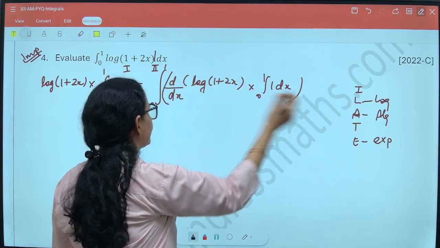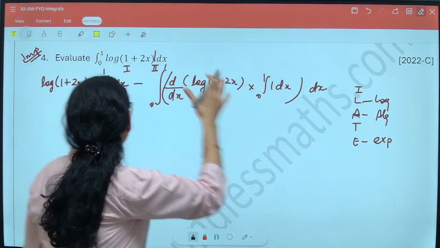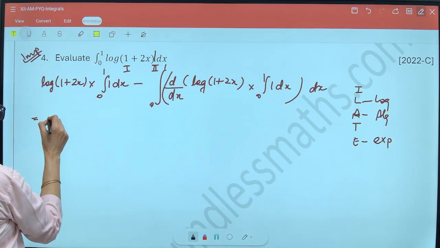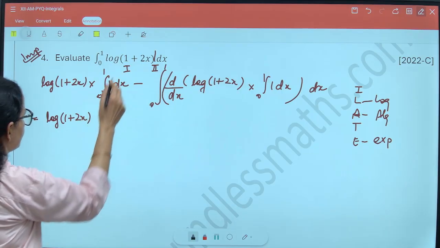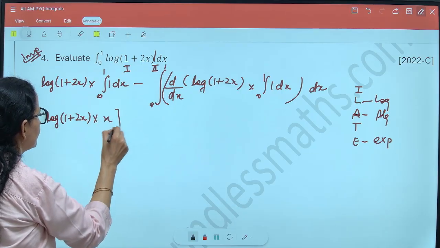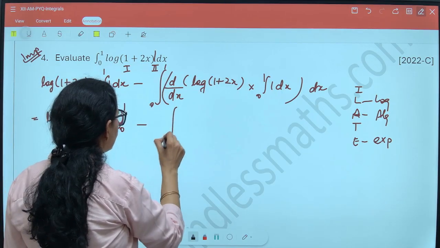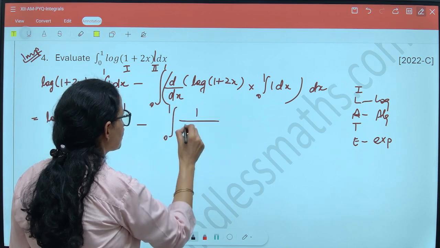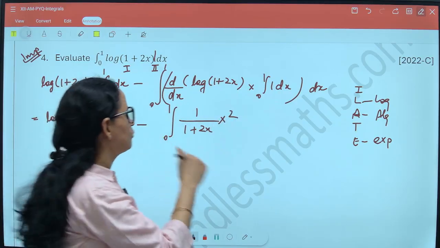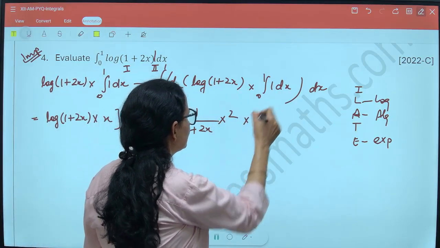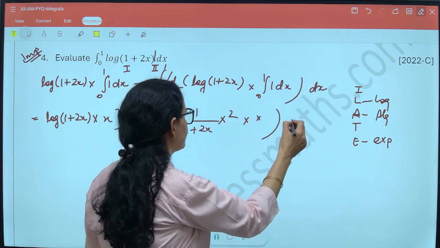Put these brackets and a dx, don't forget this, you will lose half a mark here. Now you integrate it, log of 1 plus 2x remains as it is, into x, and the limit is 0 to 1, integral from 0 to 1, derivative of this is 1 upon 1 plus 2x into 2, chain rule, you need to apply chain rule here, right, into integral of 1 is x, put the brackets and put a dx.